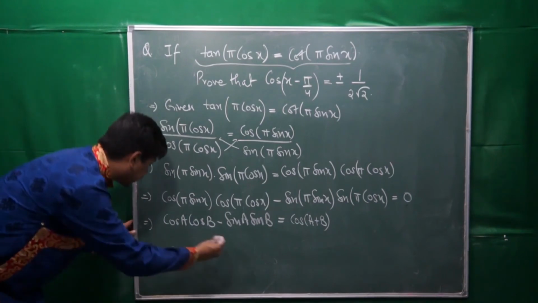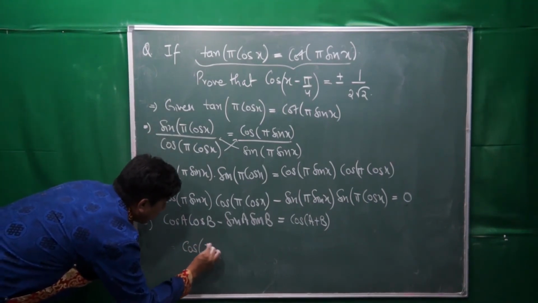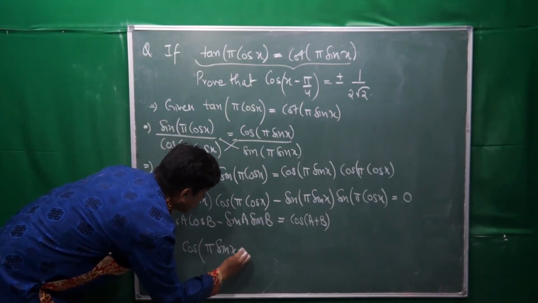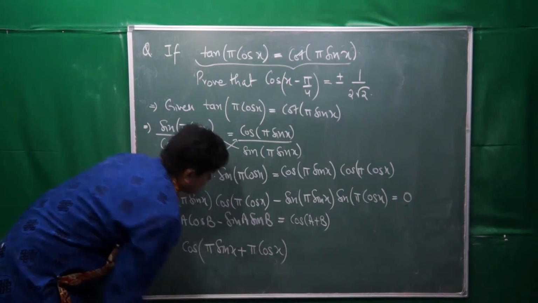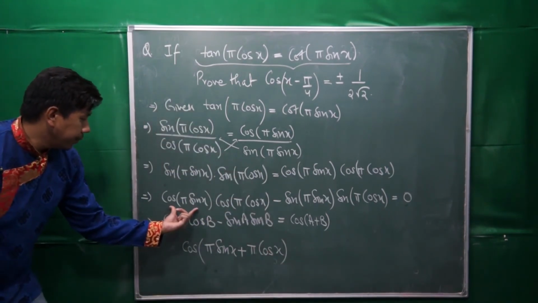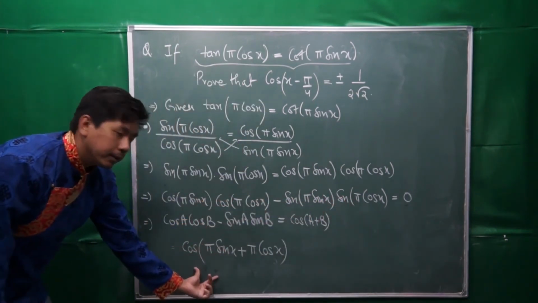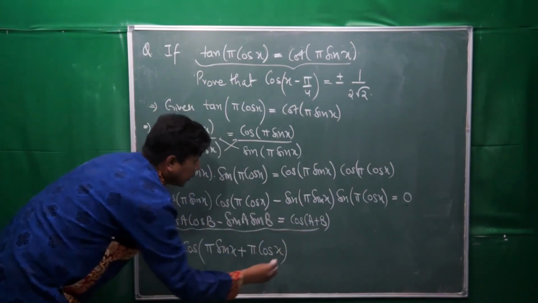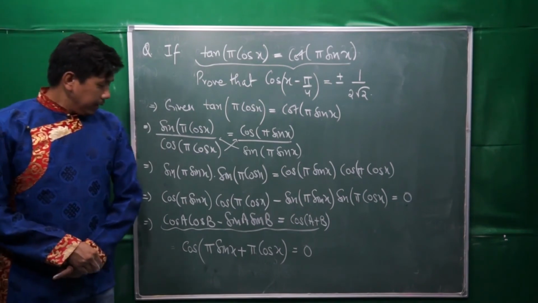So this is going to be cos of A as pi sin x plus B as pi cos x. I'm going to merge this part into this using this formula. So what is on the right hand side? We have 0 over there.